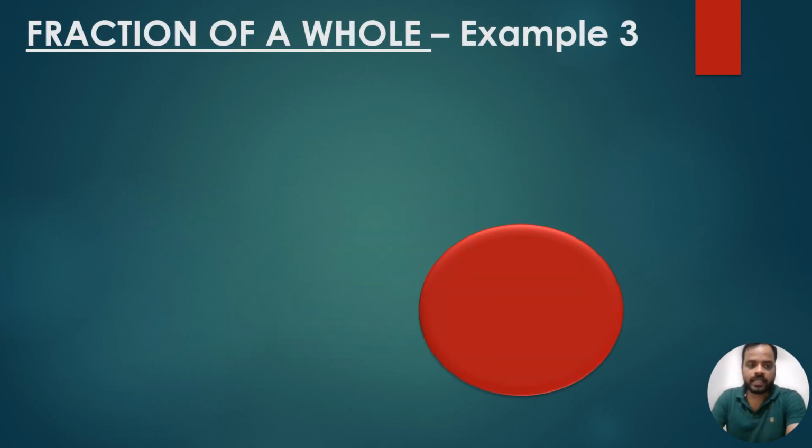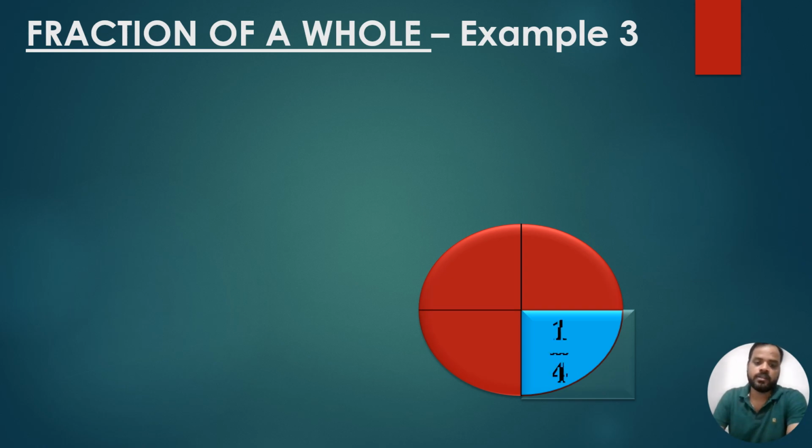Now we take another example of a circle. This circle is divided into four equal parts. One part is colored blue. Now we have to calculate the fraction represented by the blue color and the fraction represented by the red color.